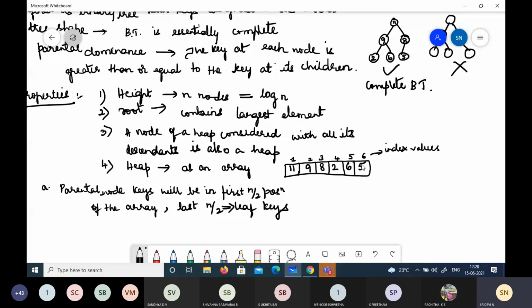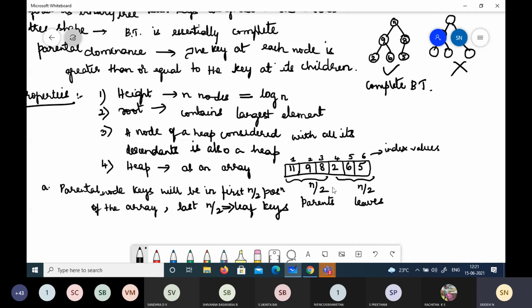Up to 3, 8. That is position 3 and the value is 8. So the first n by 2 positions will be parents and the next n by 2 positions will be leaves. So we have leaves here and we have parents here.